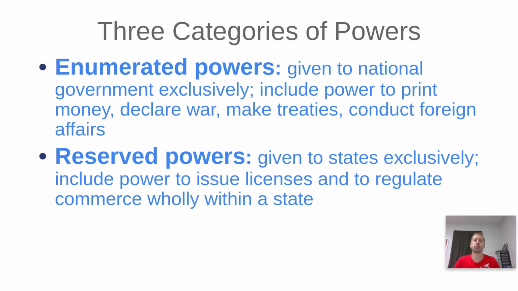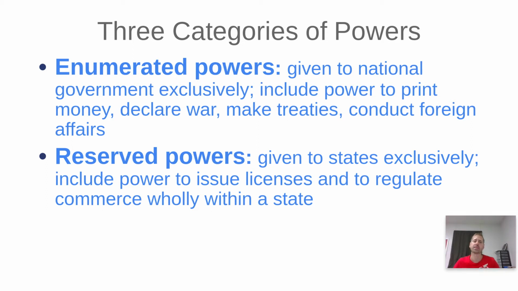Another type of power is reserved powers. Reserved powers are powers that are reserved or given to the states. And we know in the Constitution, in the Bill of Rights, it says that any power not specifically delegated to the federal government nor prohibited to it by the states are reserved to the states.